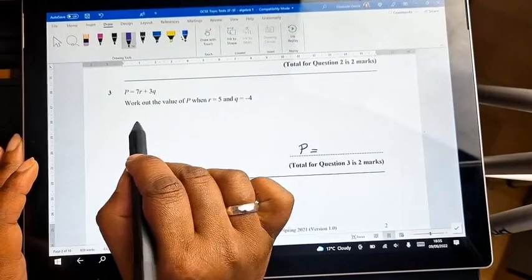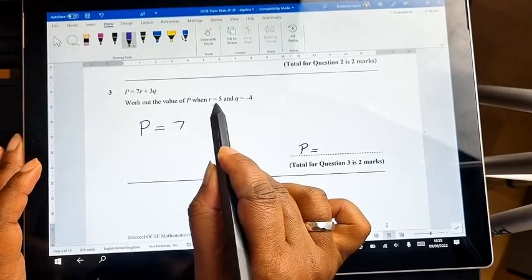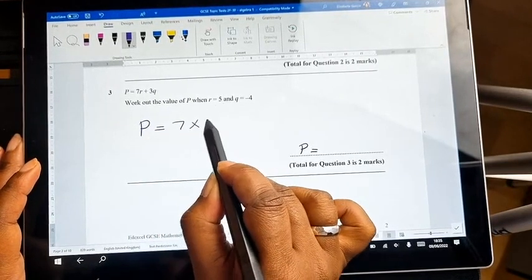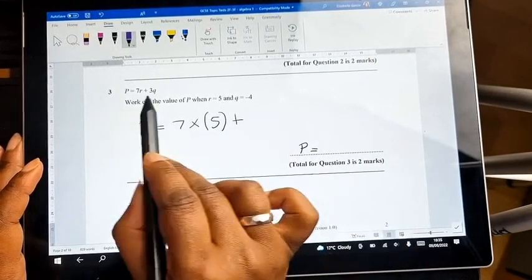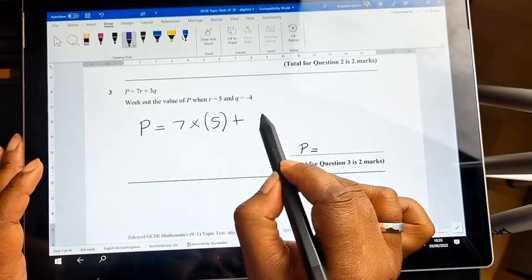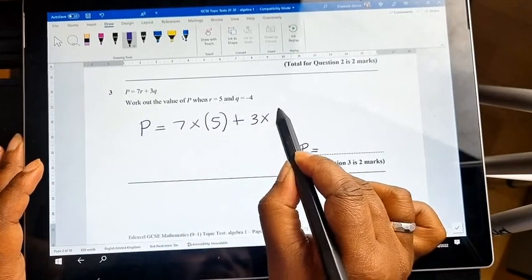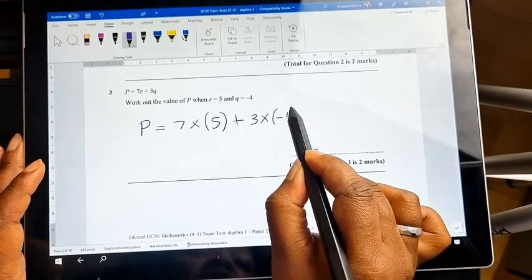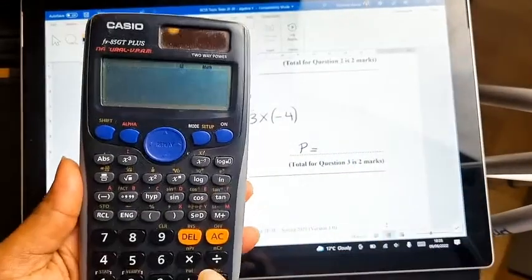Let's do that, guys. P is equal to 7 times R, which is 5, so it's times 5, plus 3 times Q, which is minus 4. So 3 times minus 4. So again, grab your calculators, guys, and type this.